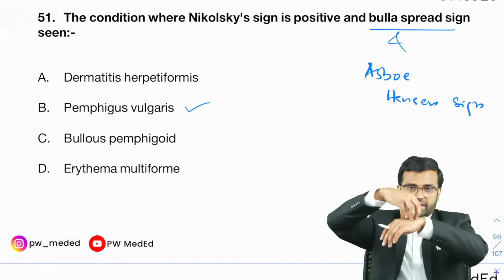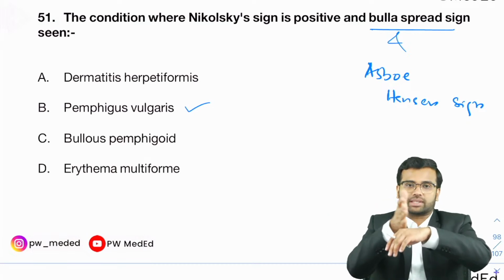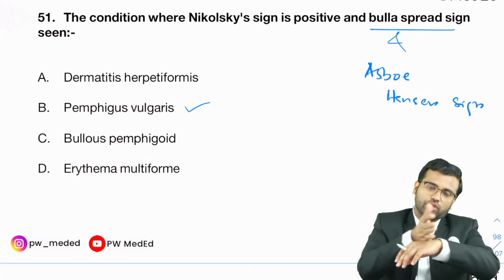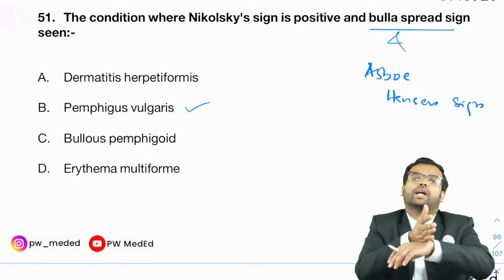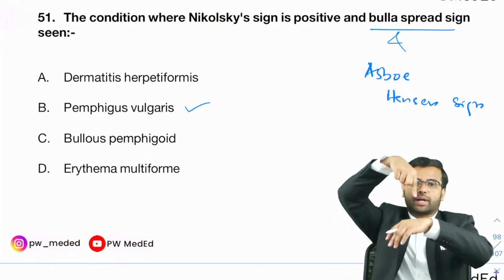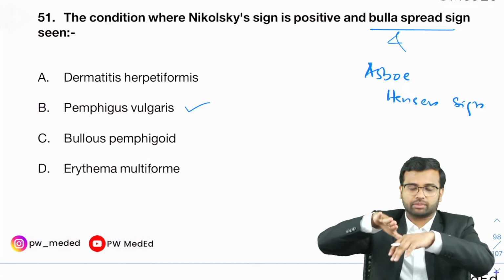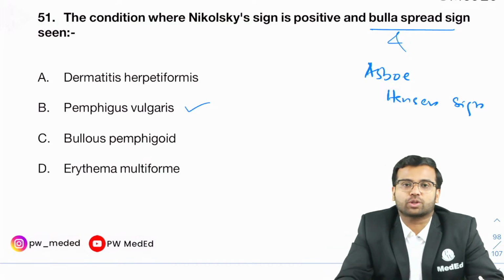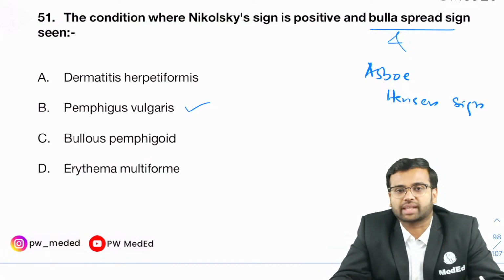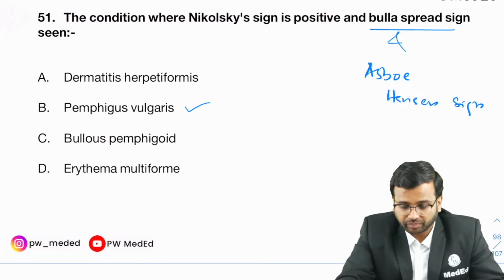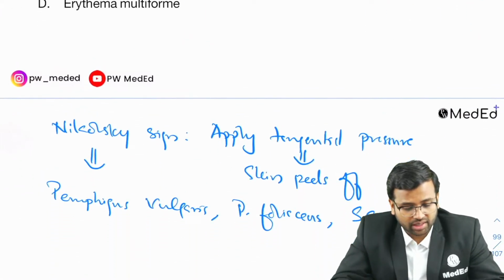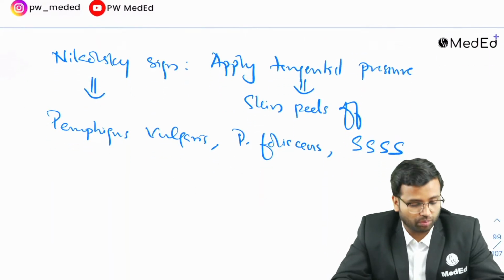Suppose there is a bulla here. If I press it from the sideways, the bulla is going to spread. This is called Wallah spread sign. Or we can give a pressure on top of the bulla, and if this bulla moves, this is also considered one of the signs elicited in vesiculobullous diseases. Fine. Yes, so this too can be seen in the pemphigus group of diseases.